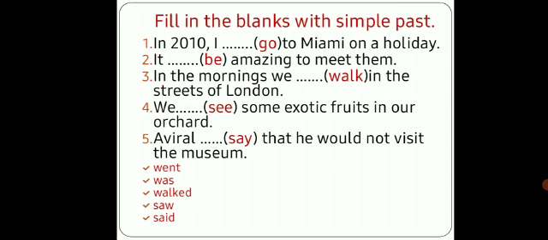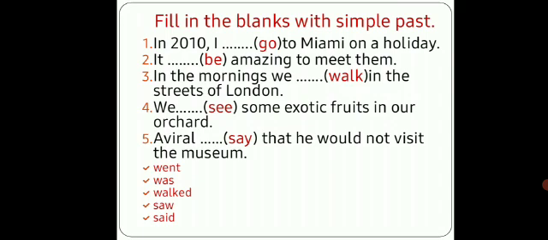Sentence 3. In the morning, we walked in the streets of London. So simple past of walk is walked. We see some exotic fruits in our orchard. So the simple past of the verb see is saw. So we saw.